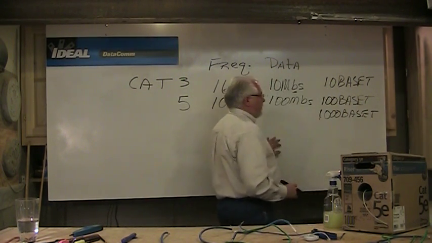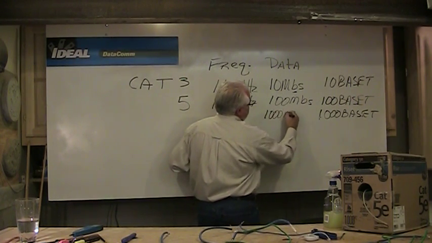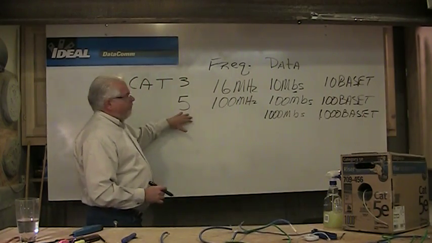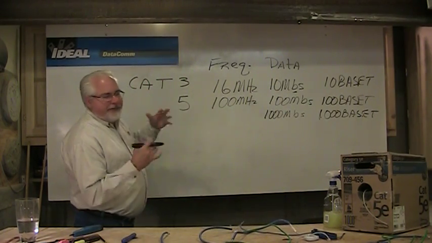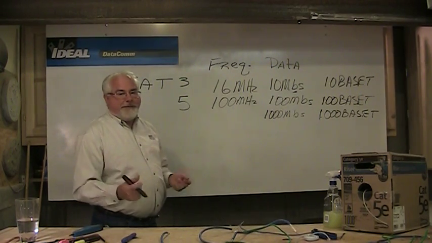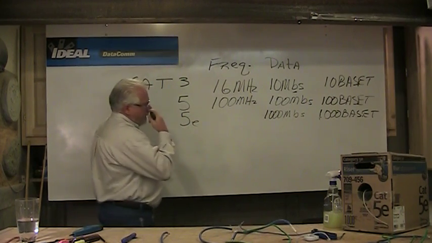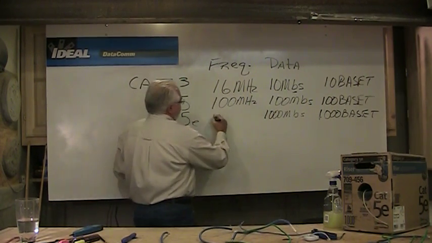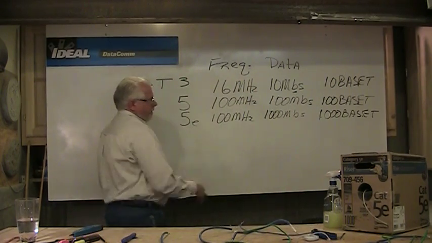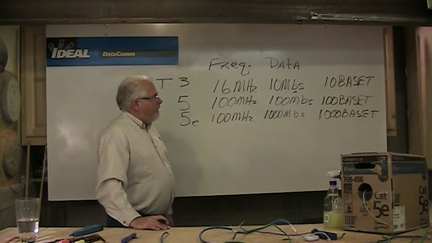Now 1000 base T needs 1000 megabits per second. Okay. And our old Cat 5 wasn't quite good enough, and the exact machine making Cat 5, we tweaked it a little bit better basically to make it 5E cable. So 5E comes out, and that means enhanced. But it's still rated at 100 megahertz in frequency. So it's 100 megahertz, provides us with 1000 megabits of data networking ability.